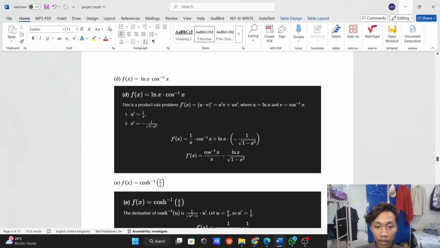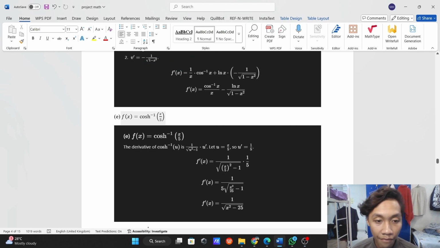So 1 over x times cos inverse x plus ln x times negative 1 over the square root of 1 minus x squared. So our answer is cos inverse x over x minus ln x over the square root of 1 minus x squared.